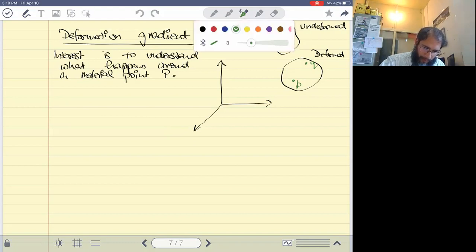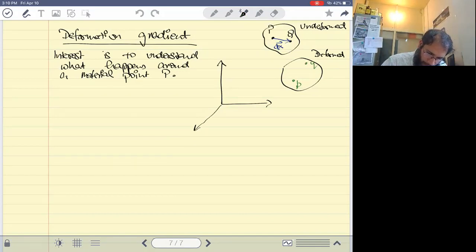So my point P goes to small p. I can denote that using this vector. And if you remember what this vector was, this was nothing but the displacement u from point P to point small p.